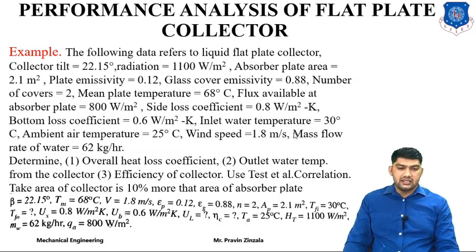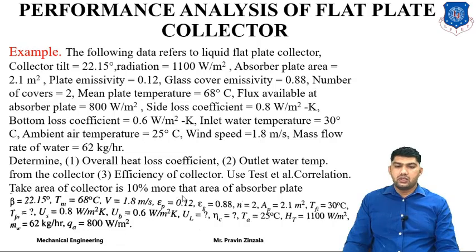Inlet water temperature is given as 30 degrees, meaning T_fi. Ambient air temperature is 25 degrees. Wind speed is given as 1.8 meter per second. Mass flow rate of water is 62 kg per hour, so the mass flow rate is already given. Determine the overall heat loss coefficient.